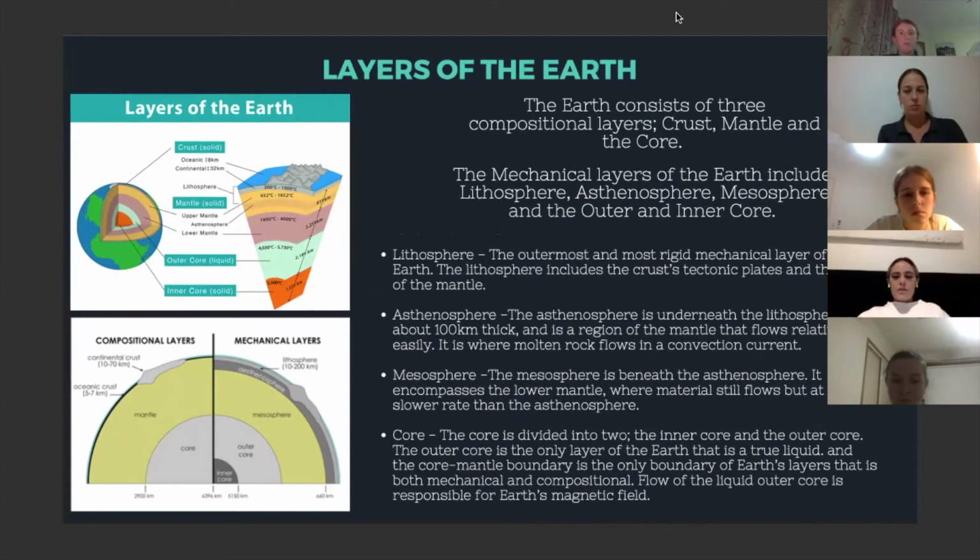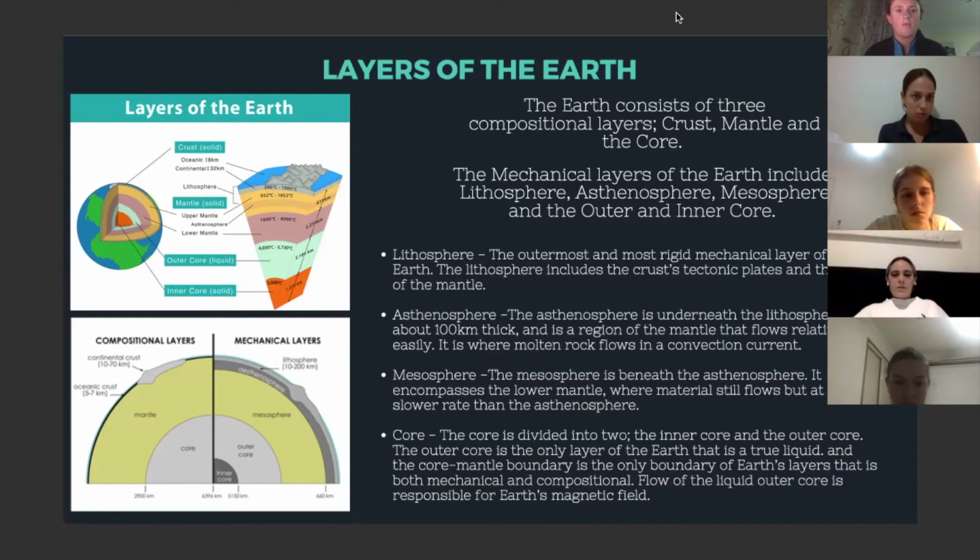For your compositional layers, there's the crust, the mantle, and then the core, which is broken down into your inner and your outer. The crust makes up 1% of the Earth's mass, consisting of oceanic crust and continental crust. The mantle is hot and represents 68% of the Earth's mass, and the core is mostly iron, and it makes up 31% of the Earth.